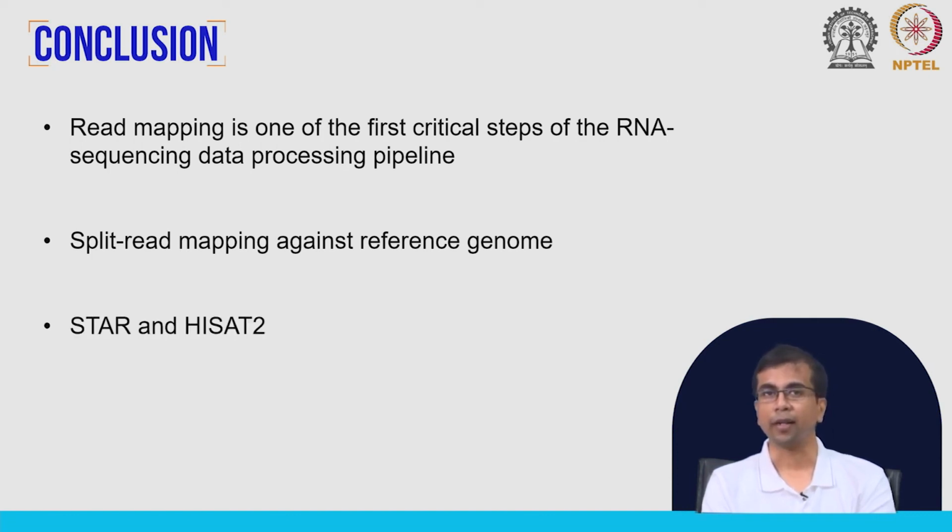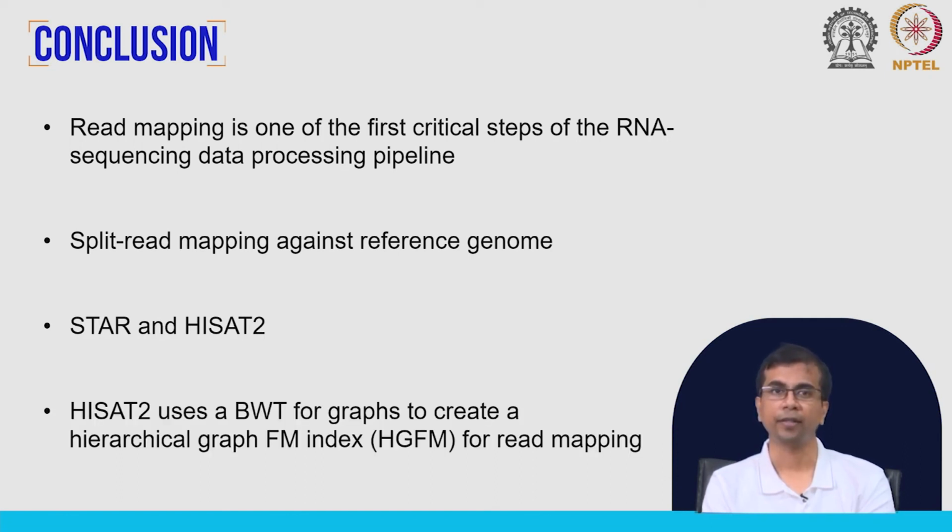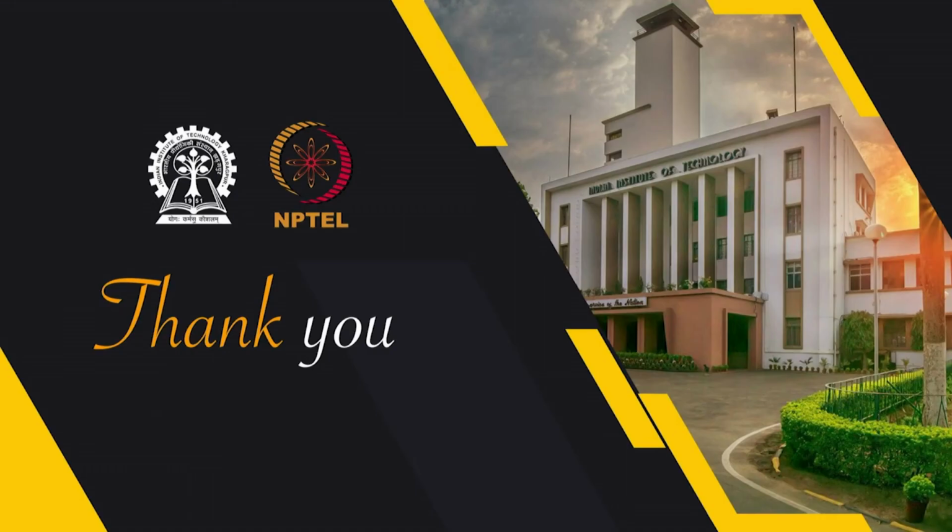We talked about STAR and HiSet2 in a bit more detail, and we have seen that HiSet2 uses a BWT for graphs, the Burrows-Wheeler transform for graphs, and it creates a very similar HGFM index for read mapping. Okay, and it utilizes this HGFM index to search for splice variants and the reads in the reference genome data. Thank you.